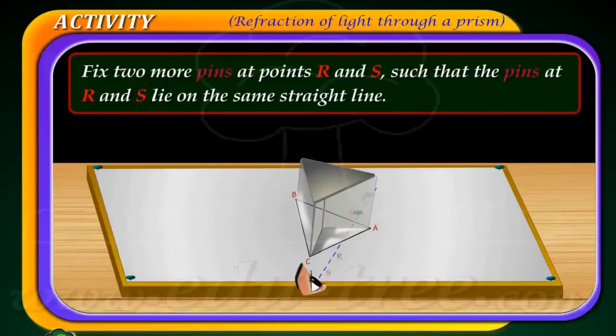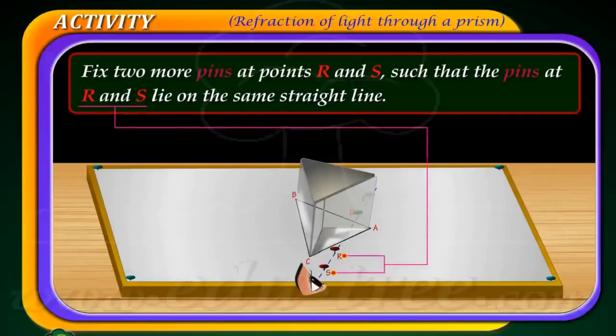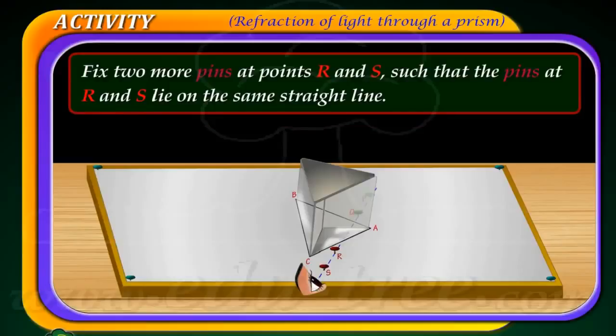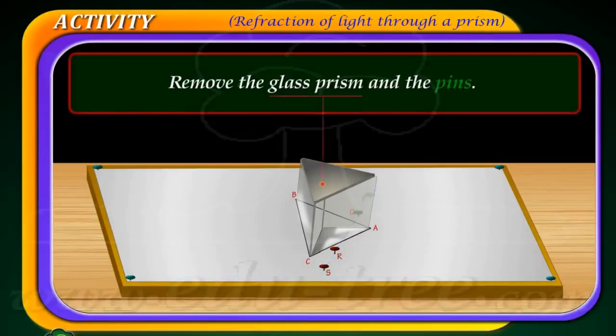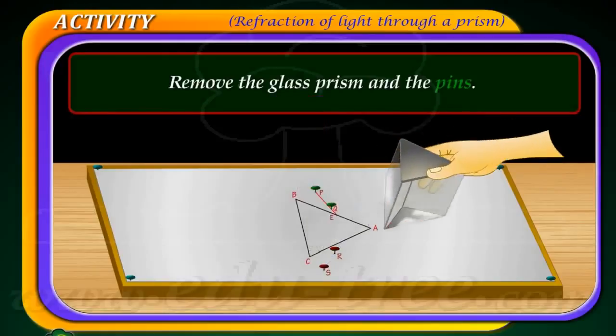Fix two more pins at points R and S, such that the pins at R and S lie on the same straight line. Remove the glass prism and the pins.